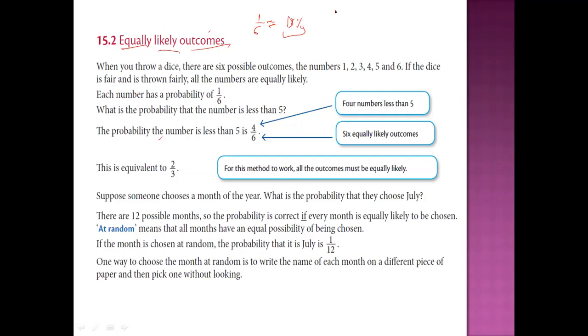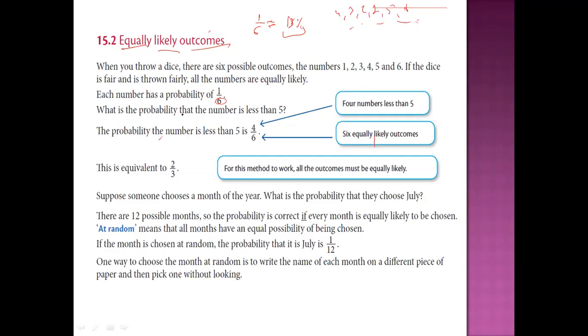So each of the numbers 1, 2, 3, 4, 5, 6 is nearest to 18%. So these are equally likely outcomes. Each number has a probability of 1 over 6 because the dice has 6 sides.